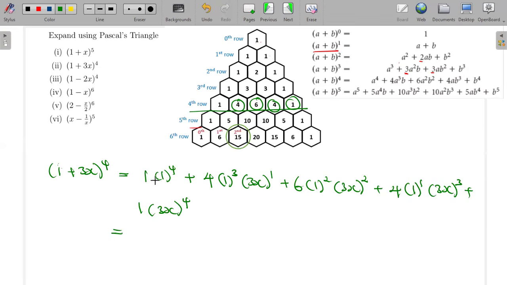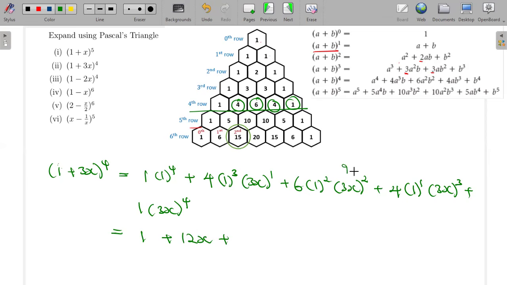So this here is going to be 1 to the power 4, which is just 1. And then plus you have 4 there, 1 to the power 3, 1. So you have 4 multiplied by the 3 there. This here gives us 12. So you get 12x. And then plus, so here that gives us 1, then you have 6. So here now 3 squared. So 3 squared is 9.